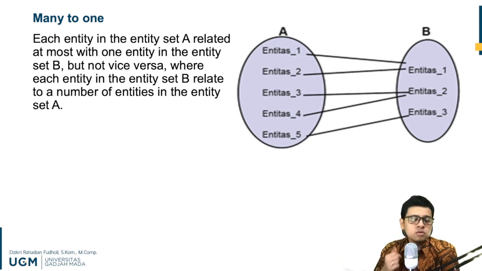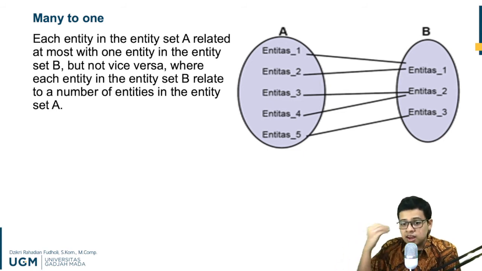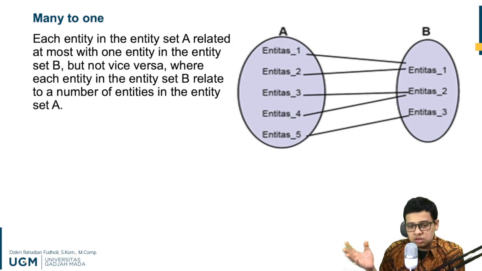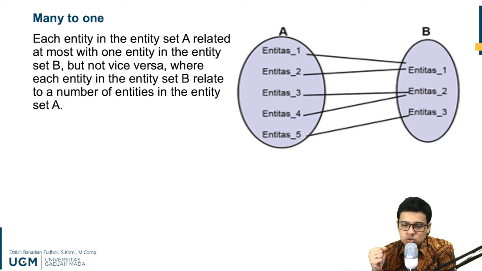So it's quite simple. One to many and many to one are just the same, but in a different direction. Later we'll talk about the direction of the connection, and that's what is going to decide many to one or one to many.